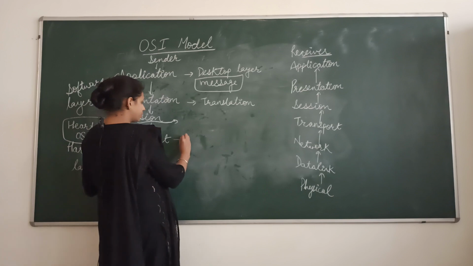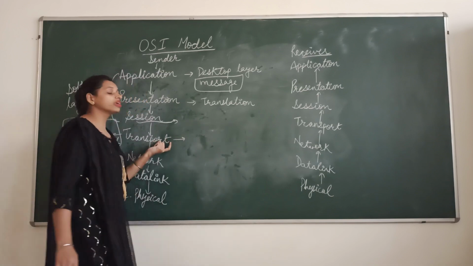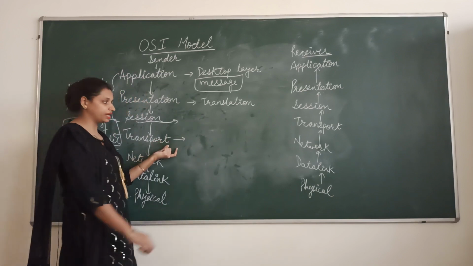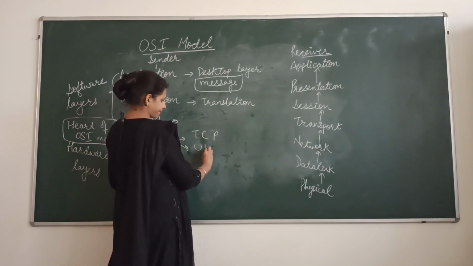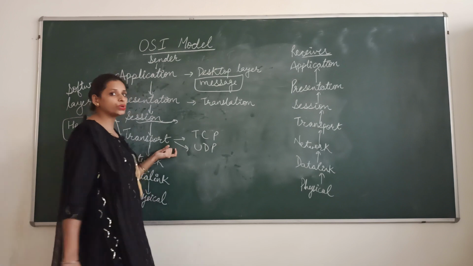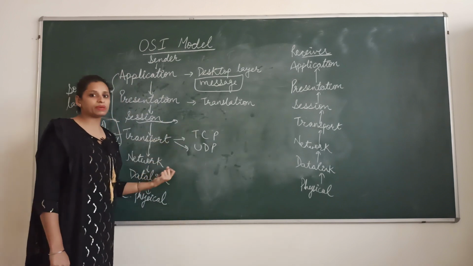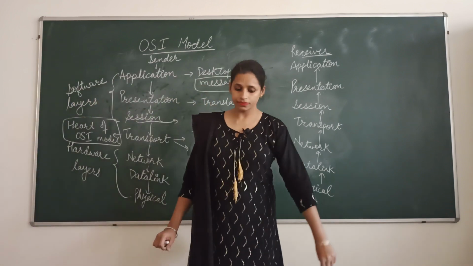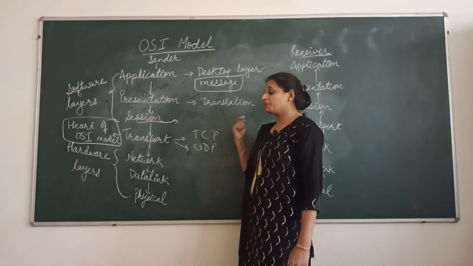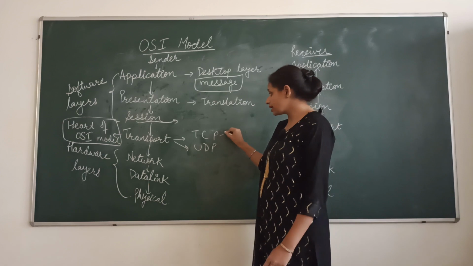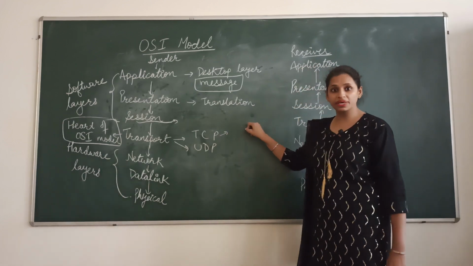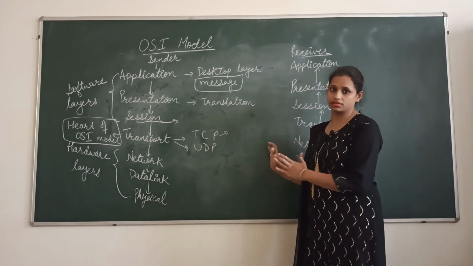In this layer, we are using two protocols mainly, that is TCP and UDP. What is TCP and what is UDP? TCP is Transmission Control Protocol. That is a reliable protocol. Reliable means that we can trust on this.